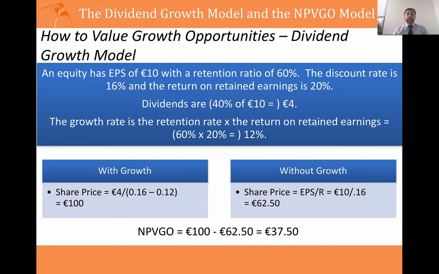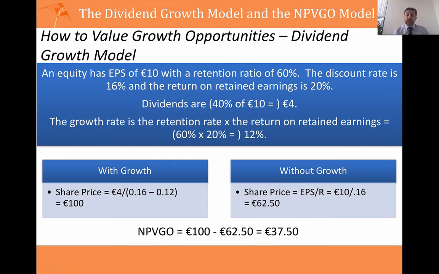So what that means is that from the amount that you're keeping back, you're investing in projects that are actually giving you a higher return than what investors are looking for. So investors are looking at 16%, you're getting 20%. So that's good, and it's a reason for not paying all of your earnings out in the form of dividends. So we're going to be using in this slide the dividend growth model to value this company.